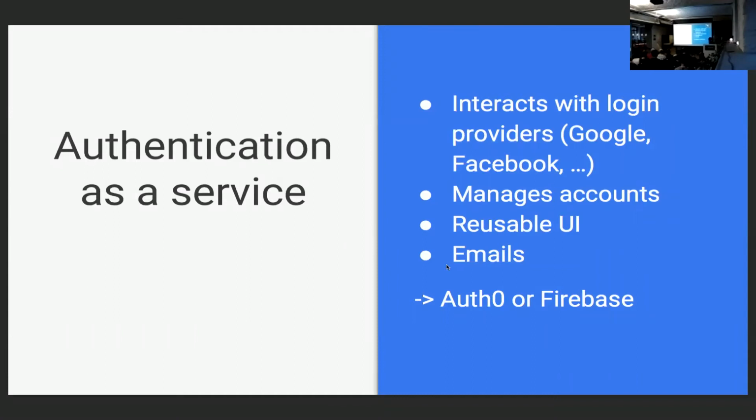So you can have authentication as a service that just does all of it. So it talks to the providers like Google and Facebook and GitHub and all of them at once. It also manages the accounts, manages the login per email and password. So sending the emails, the I-forgot-my-password emails, all of that. So you can have it just in 5 minutes.